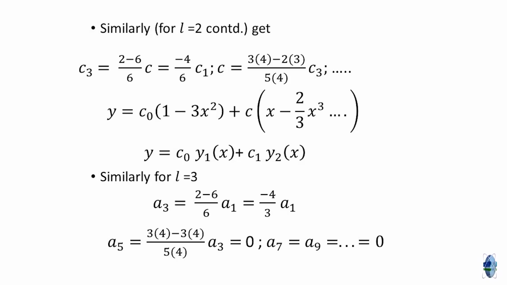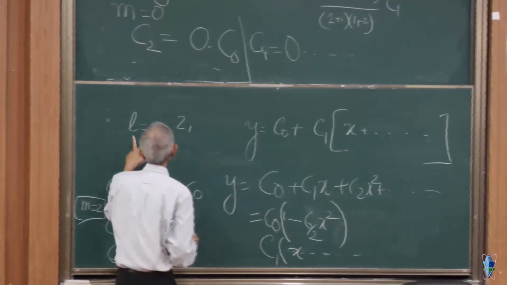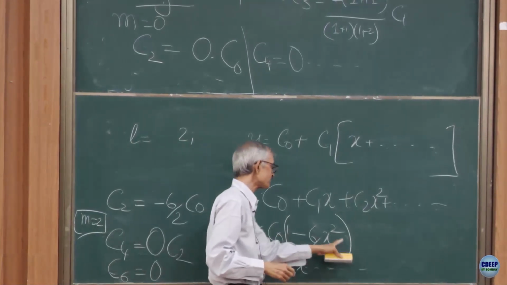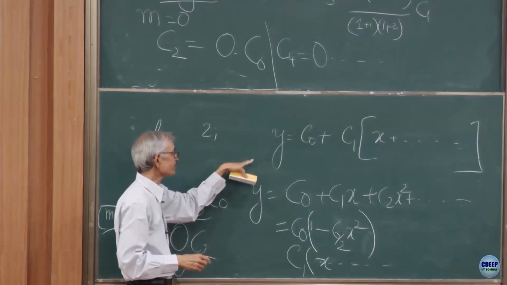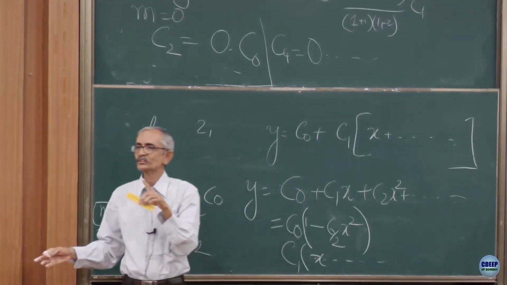Okay, that is when L equal to 2, and so on and so forth. If you do the first term which is there, which is C0, which was for L equal to 0, and then C0 times 1 minus 3x square, which was for L equal to 2, and then for L equal to 1 you would get a C1x, and so on and so forth.